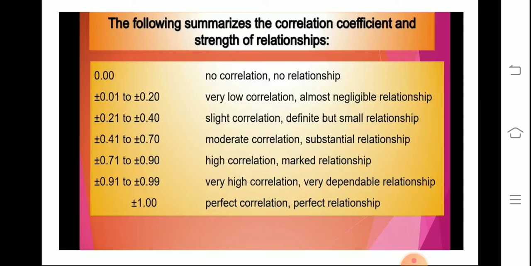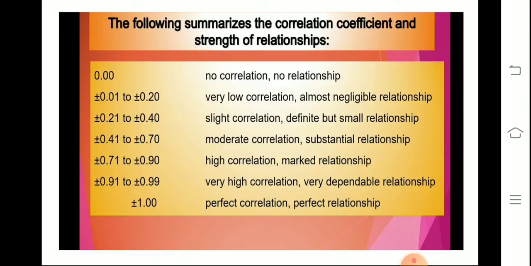If it shows positive or negative 0.01 to positive or negative 0.20, it has very low correlation, an almost negligible relationship. If it is positive or negative 0.21 to positive or negative 0.40, it is slightly correlated. It has a definite but small relationship.